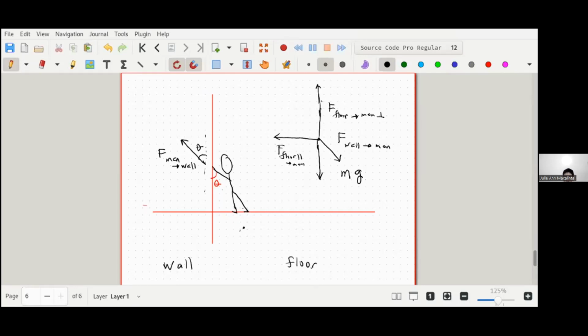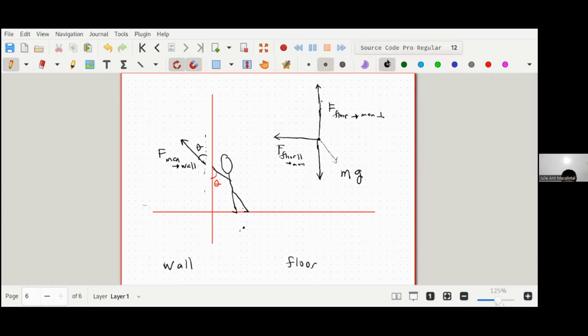Ngayon, let's see, decompose natin yung parts ng itong wall acting on man. Actually, may components yan. So, I'm going to decompose it into, palitan ko itong. So, gagawin kong broken line. Kasi, para mas malinaw yung kung ano nangyayari. So, ito yung force from the wall, di ba?